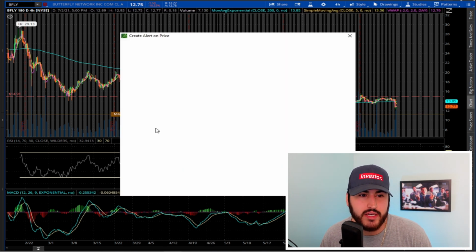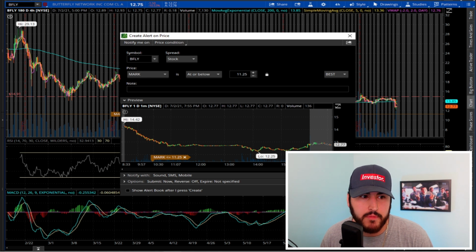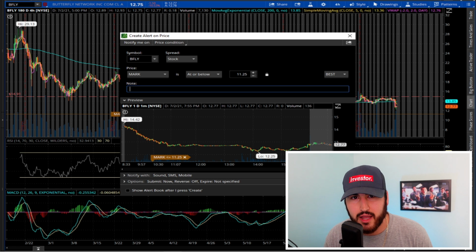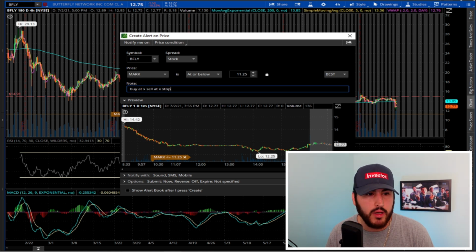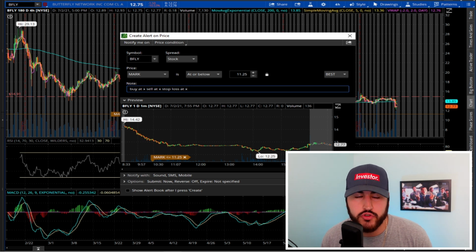And you can get even more clever with your alerts. You can put a note to remind you what you wanted to do with the stock, because you're going to be looking at a lot of stocks. Time is going to pass by, and you might forget what your strategy was for this stock. So you could put buy at X, sell at X, stop loss at X. And that way, when the alert is triggered, you will be reminded what your price target was, what your entry point was, and what your stop loss was.